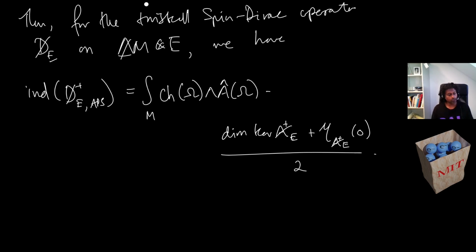So this is also why, as a definition, we took that this integral is going to be on the top forms. Because in this format, it's very nice. When we take the wedge product of the Chern and the A hat, things might mix around, but then in the integrand, we just pick out the nth order term.